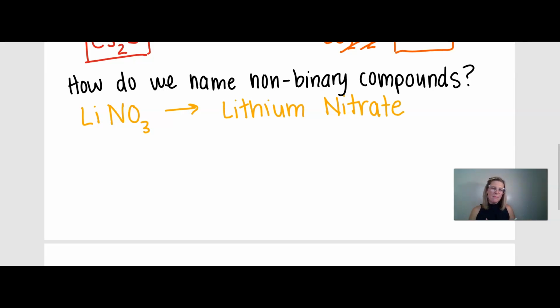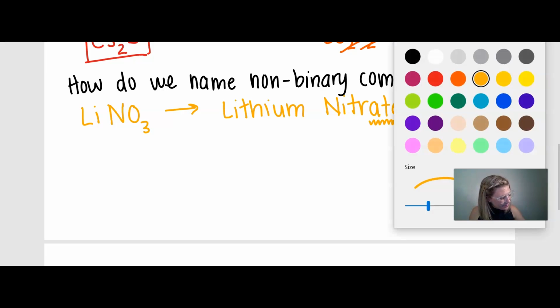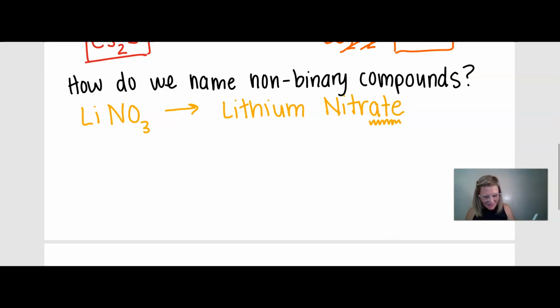Do you notice how this is different than our previous names? Notice that the end of this ends in ATE. It no longer ends in that IDE ending. Now let's try another one. Let's name CaCO3.